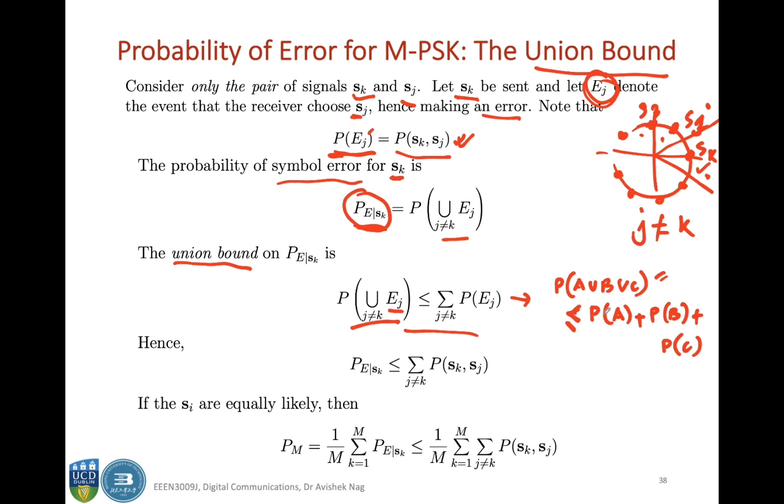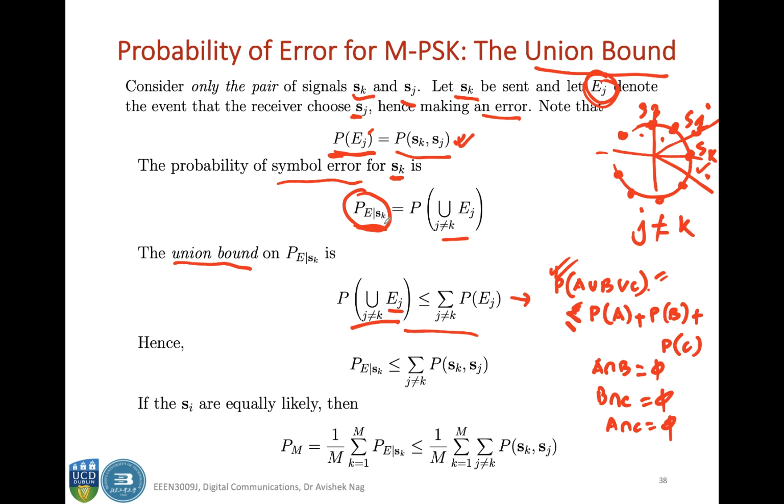This inequality becomes equality when these events are mutually exclusive, which means A intersection B is an empty set, B intersection C is an empty set, and A intersection C is an empty set. If they are not overlapping, then the equality holds. But in general, the probability of unions is less than or equal to the sum of the individual probabilities, and we have used that union bound here.